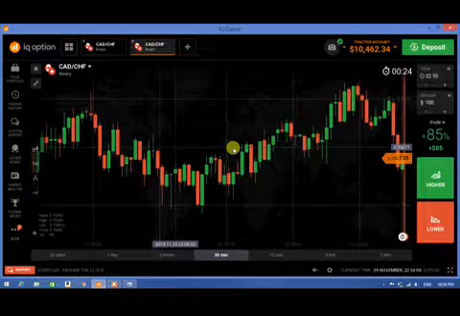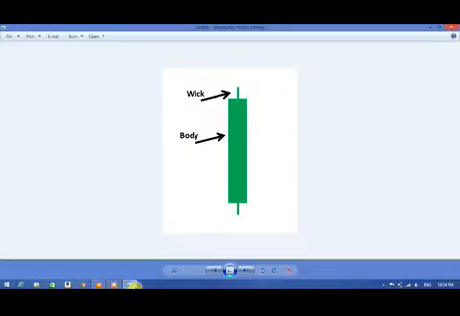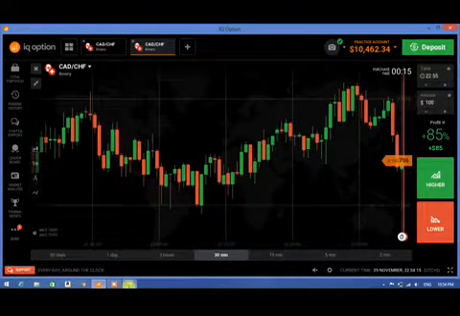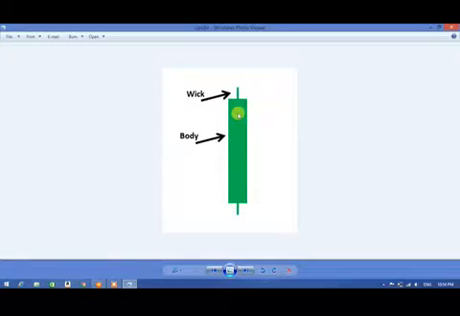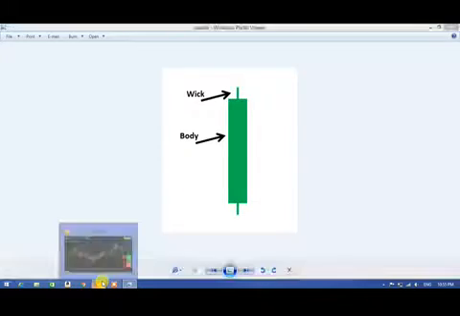Now, starting with what a candle is. A candle is simply a thing that you see on the chart right here, consisting of two things, the body and the wick. The wick is basically the pin that you see on the top or at the bottom or at both sides, and the rectangle area is the body.